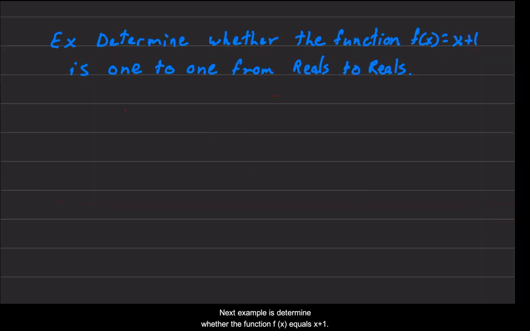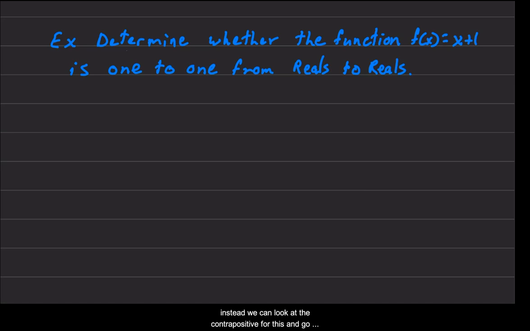The next example is to determine whether the function f of x equals x plus 1 is one-to-one from the set of reals to the set of reals. When you suspect a function is one-to-one, sometimes it's easier, rather than proving it directly, which would mean proving it for every element, to look at the contrapositive.